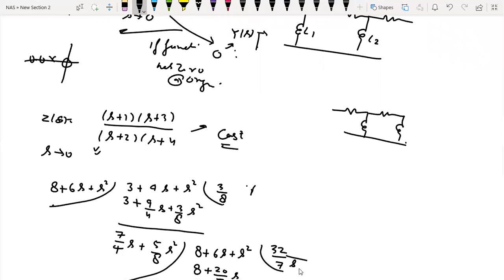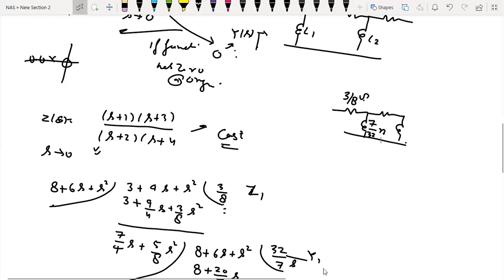This is the value of Z1, that is the value of Y1. So the value of Z1 is 3 by 8. So this element is 3 by 8 ohm. This term is by s, so 1 upon Ls. So the element value is 7 by 32 Henry.